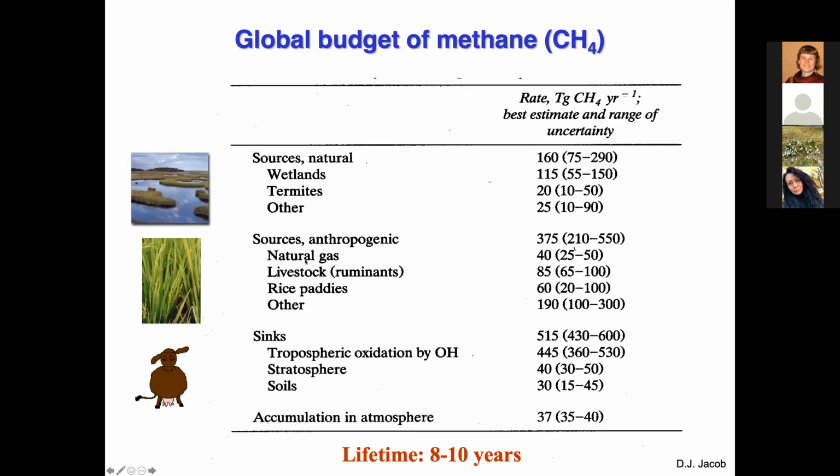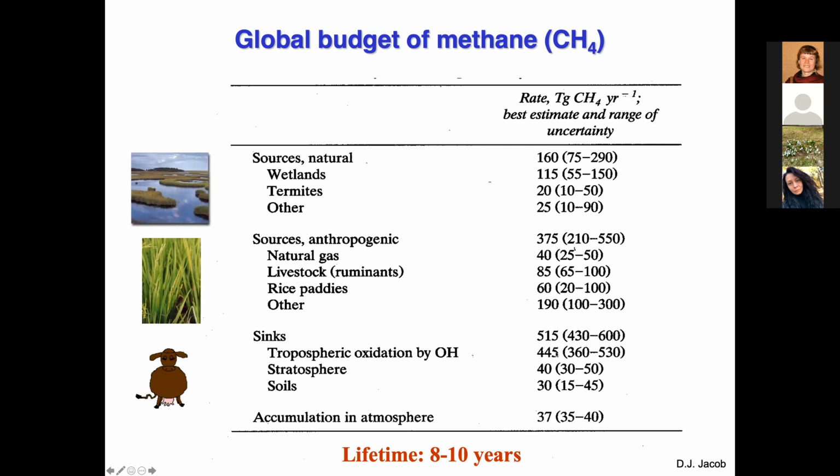So this is something where a couple of countries now try to work really intensively. Especially we lose a lot also by natural gas, by transport, and when we get it out of the ground. The difference from methane to CO2 is that methane's main sink term is with OH. You see it here, this is the total sinks, 515 teragram methane per year, and 80% is destroyed by OH.